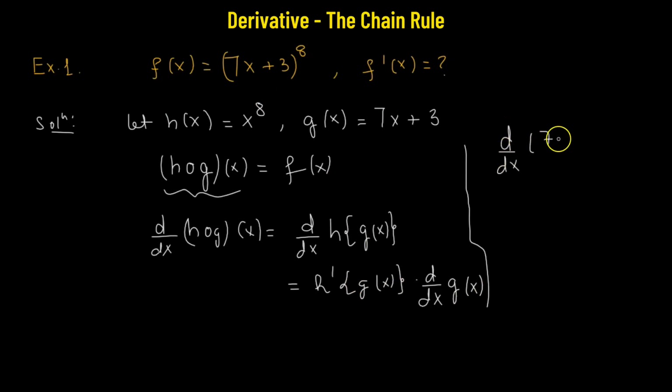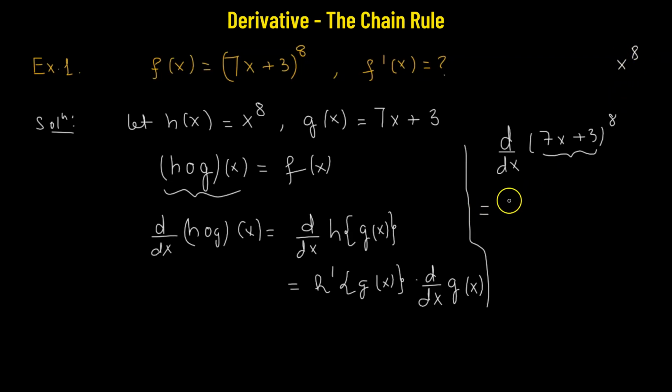We have d/dx of (7x plus 3) raised to the power of 8. Here, if we make an assumption that 7x plus 3 is behaving as x, then the behavior would be similar to x raised to the power of 8. So here we can apply the power rule.